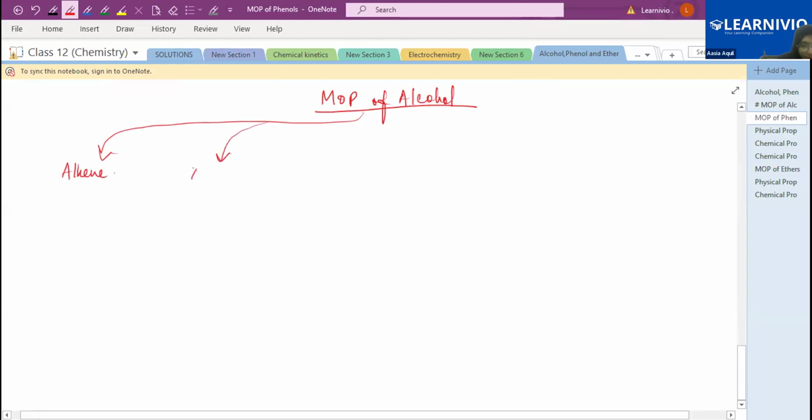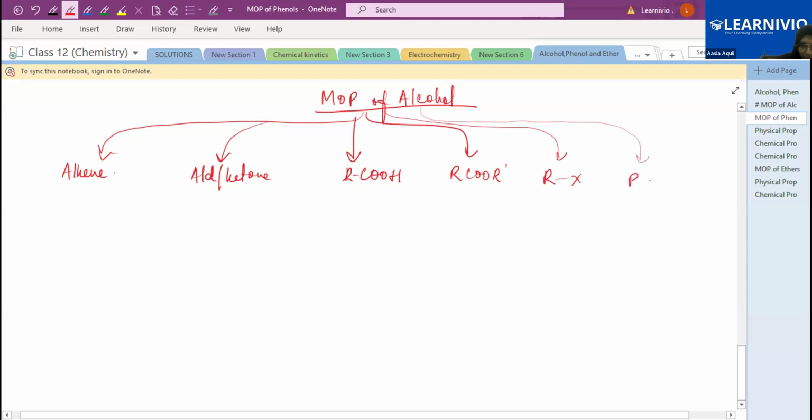Second is from aldehyde and ketone. Third is from carboxylic acid. Fourth is from the ester group. Fifth is from haloalkane. And the sixth is from amine, primary aliphatic amine.